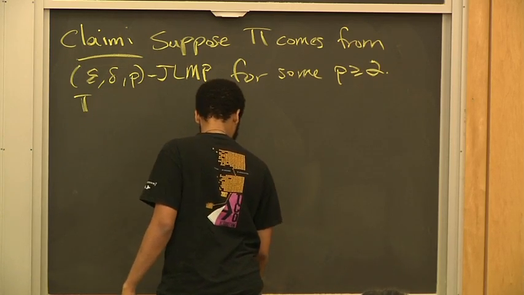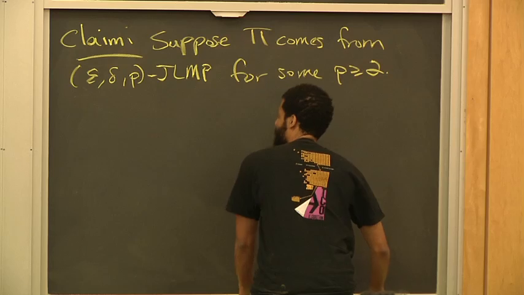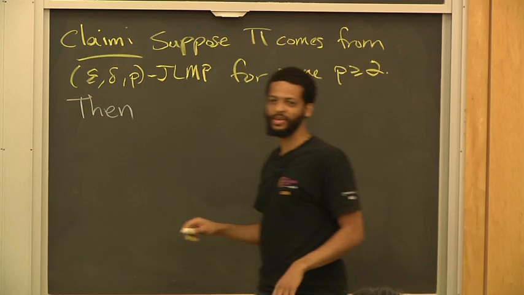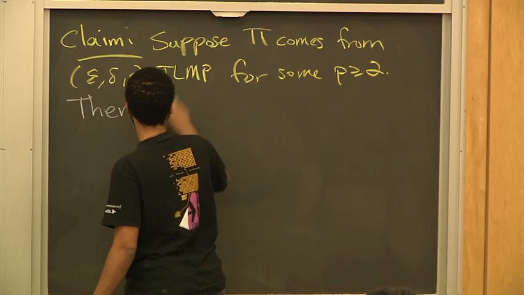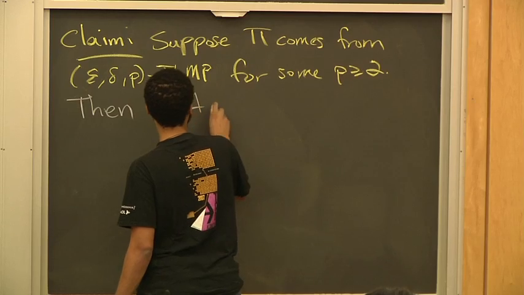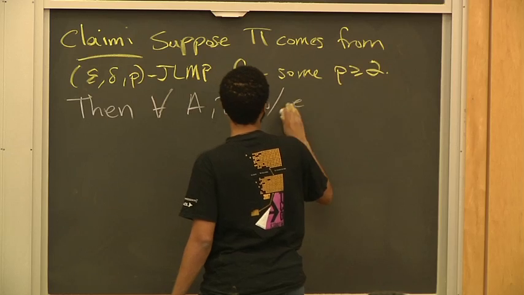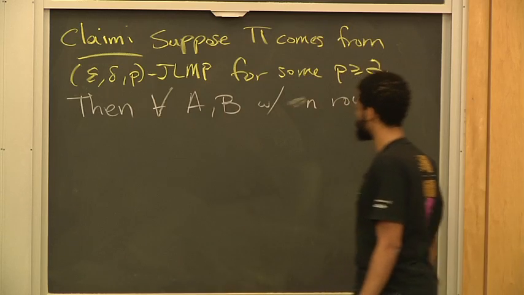I might switch colors now because the yellow chalks are all dying, basically. Okay, then, this is equally visible? Very good. Then for all matrices A, B with equal number of n rows, pi also has n columns.